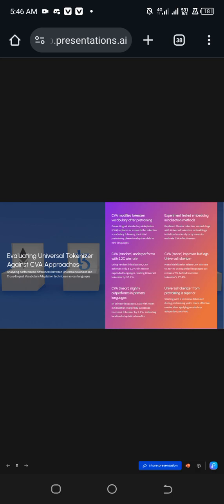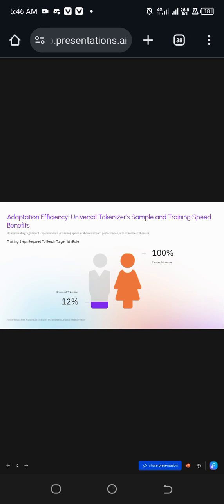Then for the 100% that a normal tokenizer, which is a cluster tokenizer, will use, the universal tokenizer slashes that by 88%, and needs just 12% more training steps to reach its target win rate for the equivalent task.